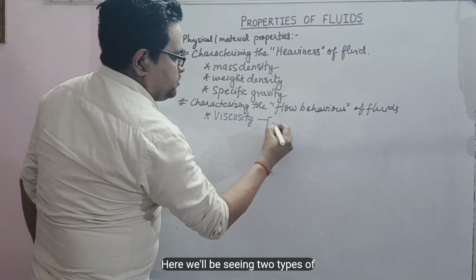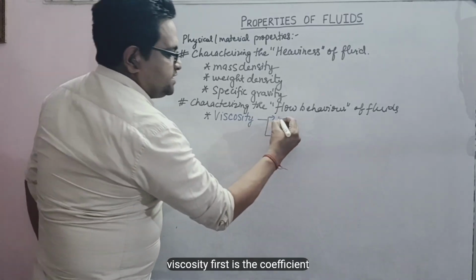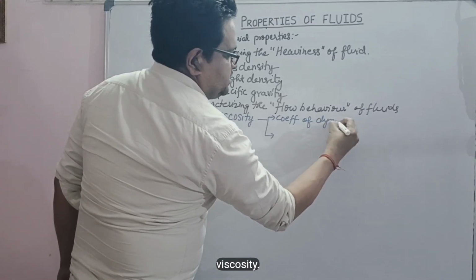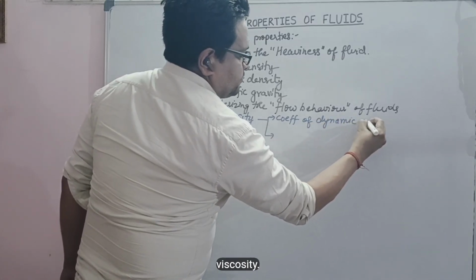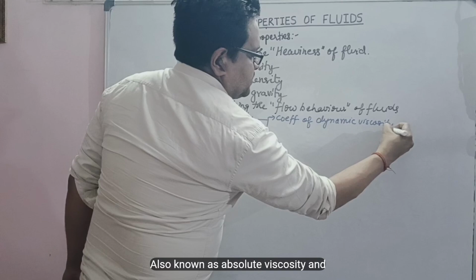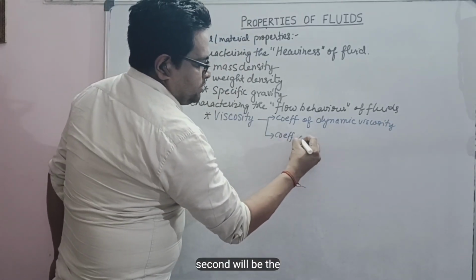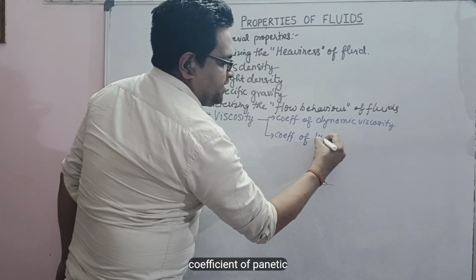Here we will be seeing two types of viscosity. First is the coefficient of dynamic viscosity, also known as absolute viscosity, and second will be the coefficient of kinematic viscosity.